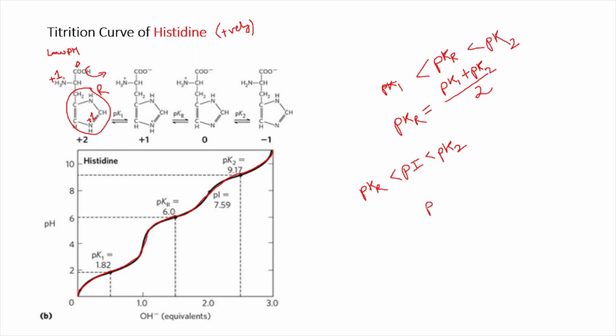So the pI value is given as pKr plus pK2 by 2.